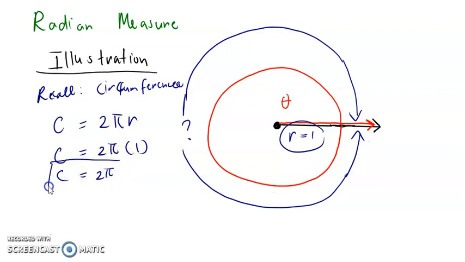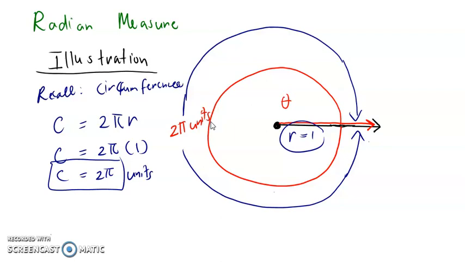So based on this computation, if we compute for the circumference of the circle where r is equal to 1, the length of the circle is said to be 2 pi units. So therefore, we can quantify the length of this arc wherein the initial side coincides with itself as 2 pi units.